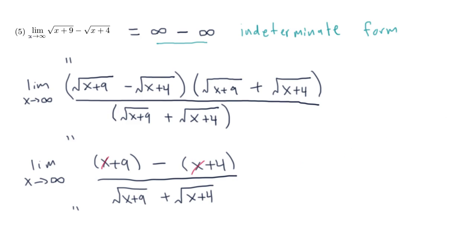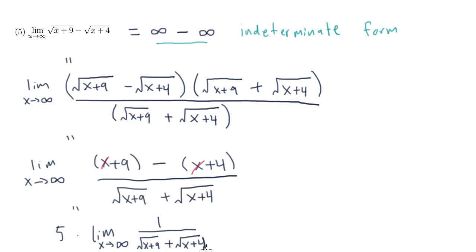But the 5 really isn't going to make a difference. So we just have 5 times the limit as x goes to infinity of 1 over square root of x plus 9 plus square root of x plus 4. Now to take this limit, we can just reason about it.